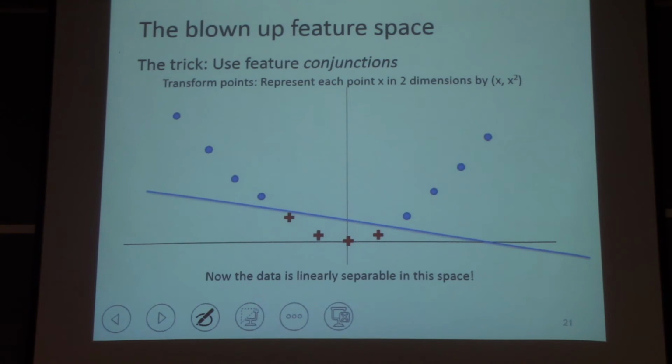Well, this is just a cartoon example. Actually, in this case, x squared would have worked. For this particular data set, just x squared would have worked. So it does not have to go to a higher dimensional space. That's a very good observation. I want you to convince yourselves that the transformation from x just to x squared would have been sufficient for this data set. But in general, the transformation goes to a different vector space. It does not have to be a higher space.